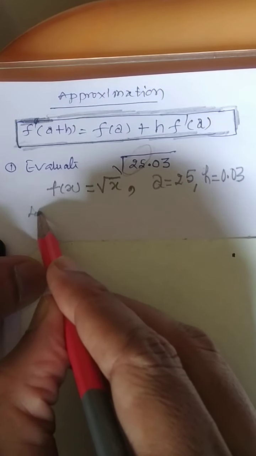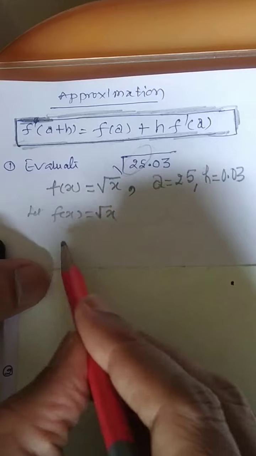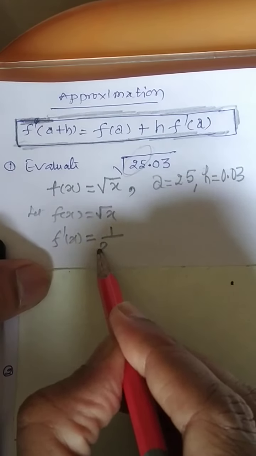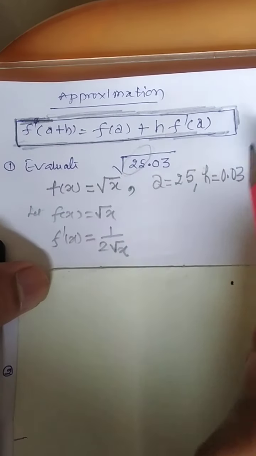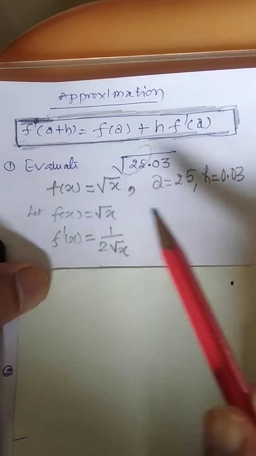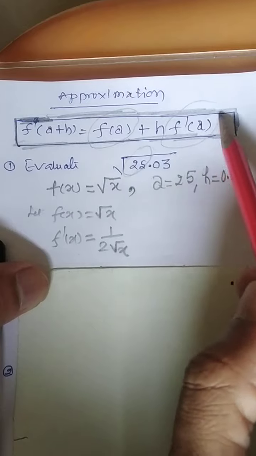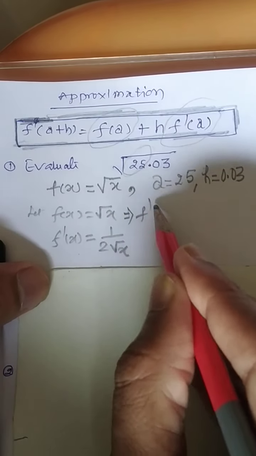Consider that let f of x is equal to root x and then try to find out f dash of x. It will be nothing but 1 by 2 root x. But if you look at the formula, you are not required f of x and f dash of x. What is required is f of a and f dash of a. So here you can find out f dash of a.